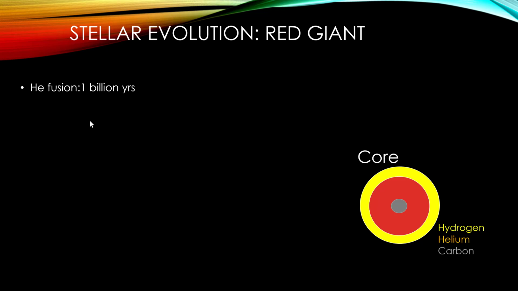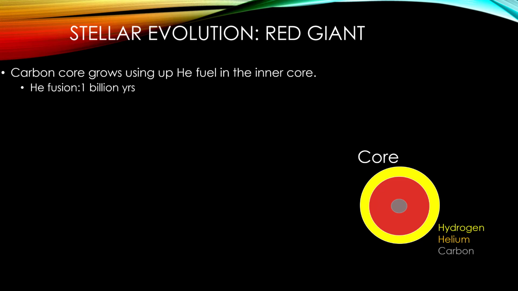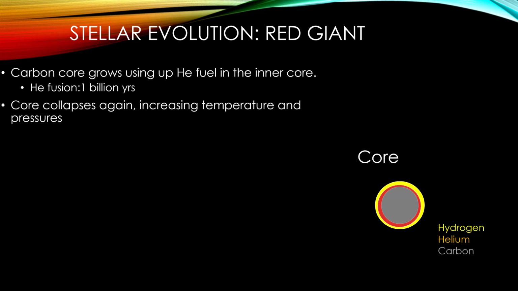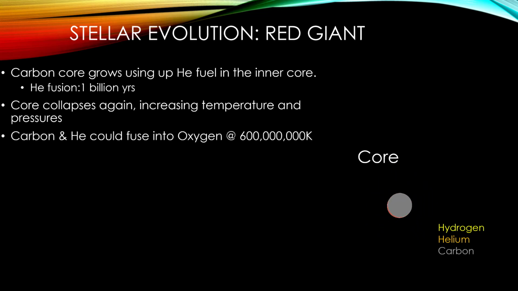This is because it's using way more fuel, and doing it much faster. So this reaction of the carbon core growing and taking up that core is going to happen very, very fast. The core will eventually collapse, just like the last time, once it runs out of fuel to use, increasing the temperature.